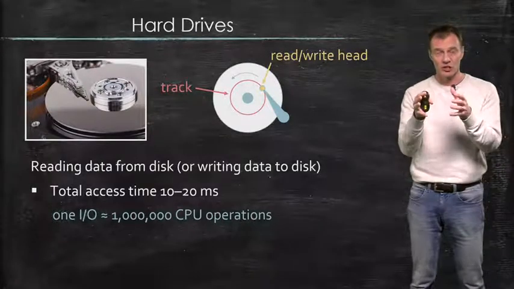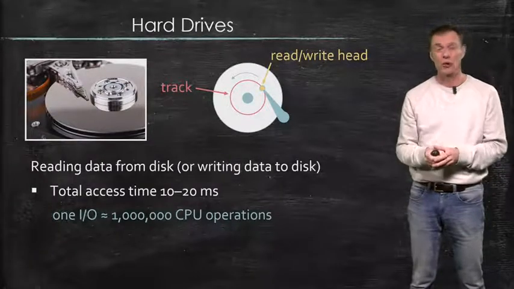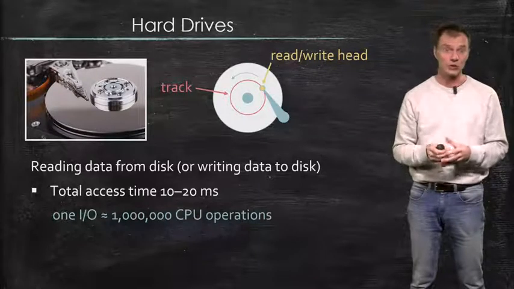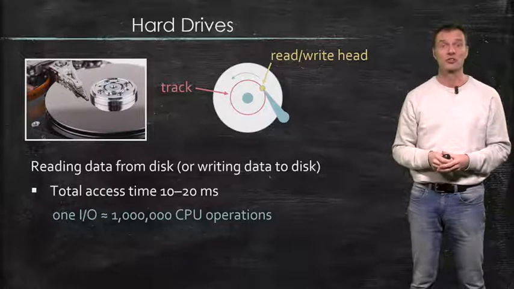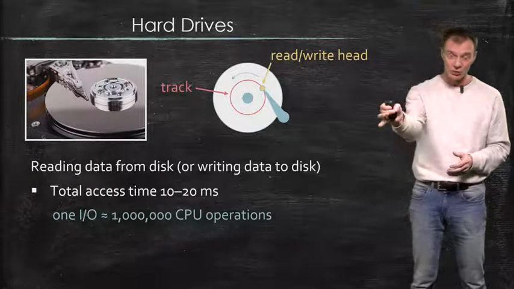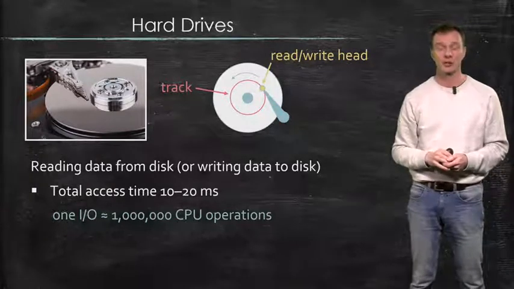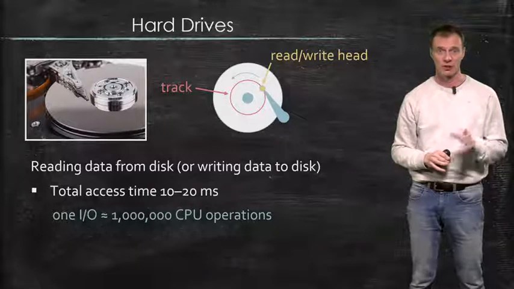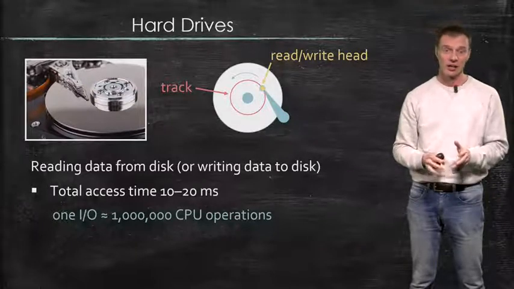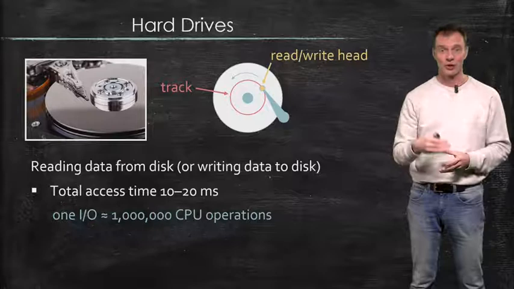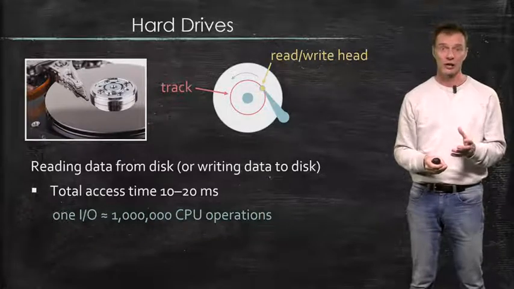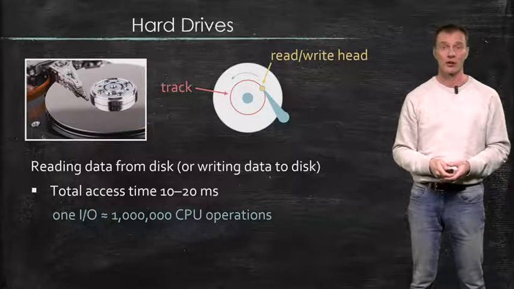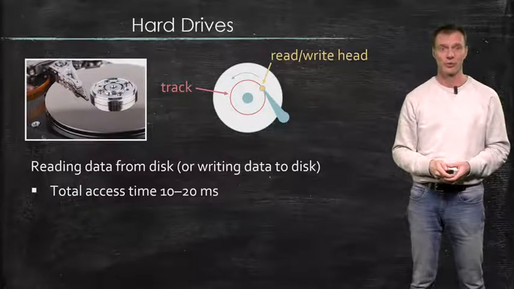So if you just had to add two numbers, let's say, that are already in the registers, then that's about 1 million times faster than just reading one particular item from your disk. And that shows that if you're not careful, all these read and write operations are actually going to be the bottleneck of the runtime of your algorithm.